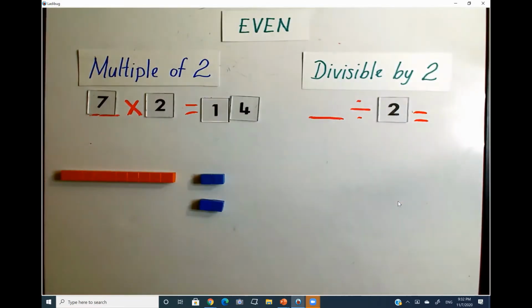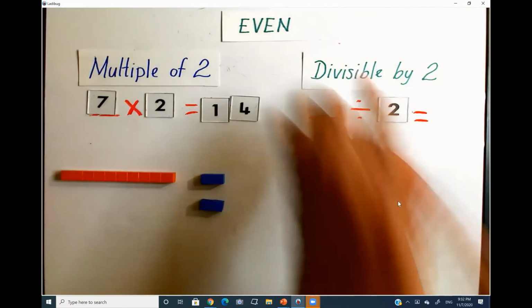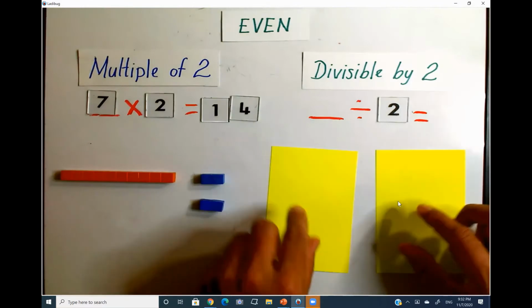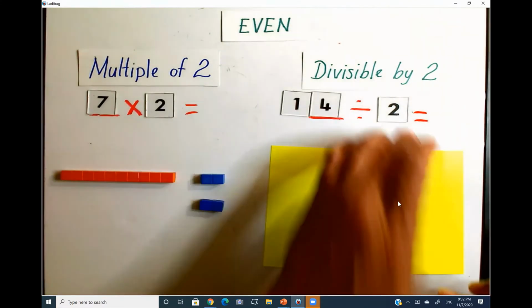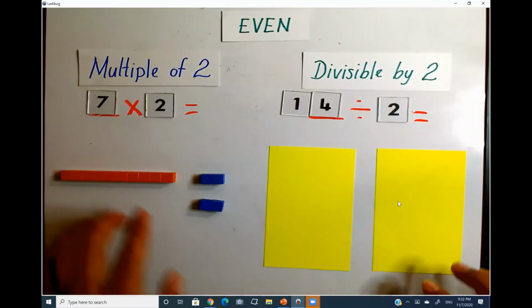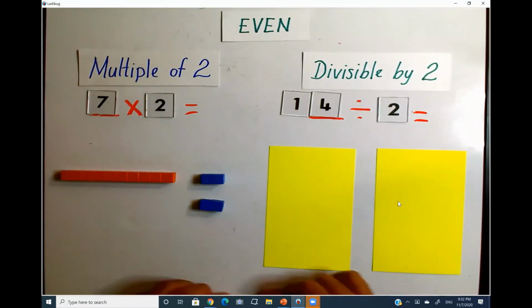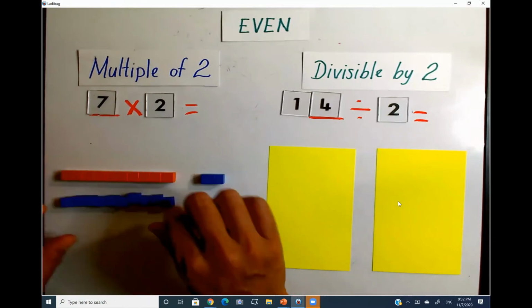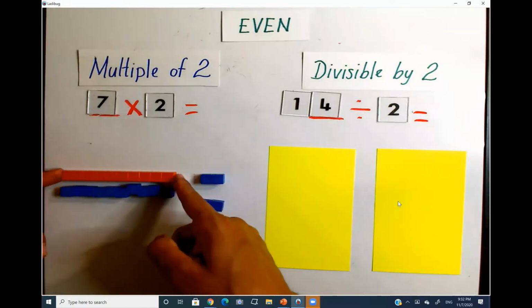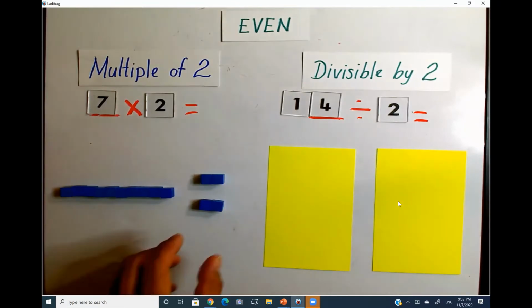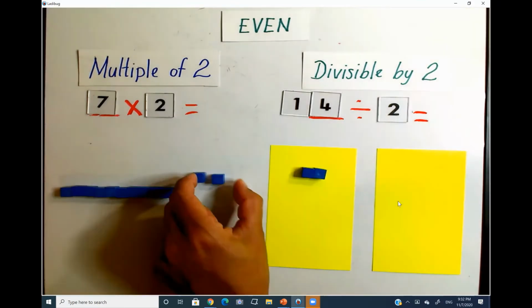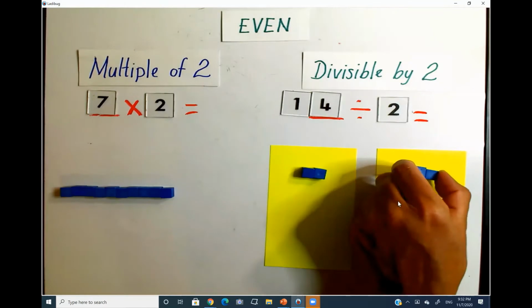The other way to find out if it's an even number is by using division. So in this case, I'm going to divide 14 into equal groups. To do that, the first thing I'm going to do is regroup the 10 into ones so I can divide it into equal groups. Now, I'm going to start dividing 14 into 2 equal groups.